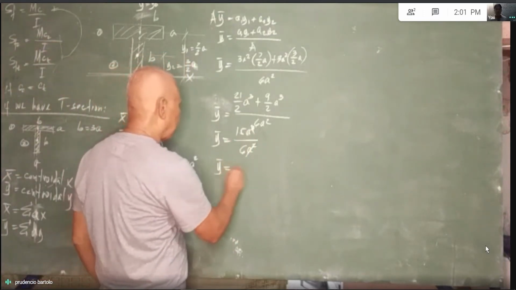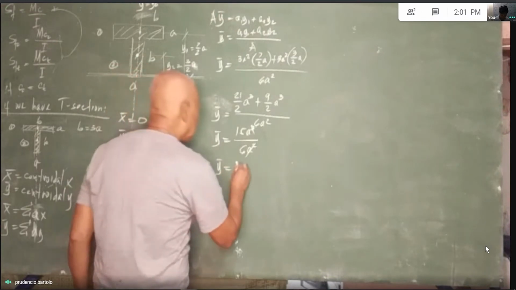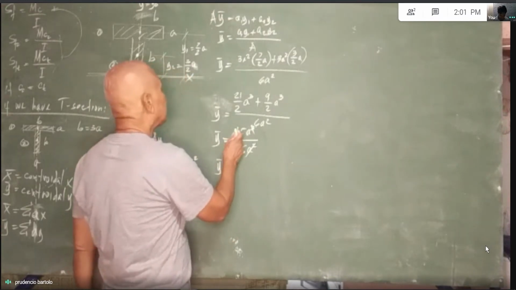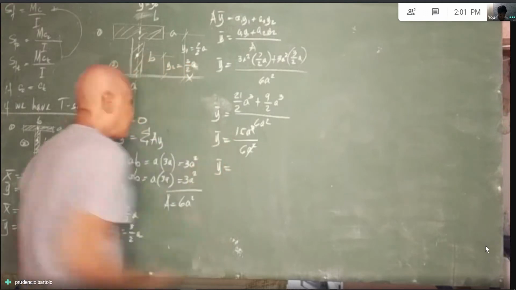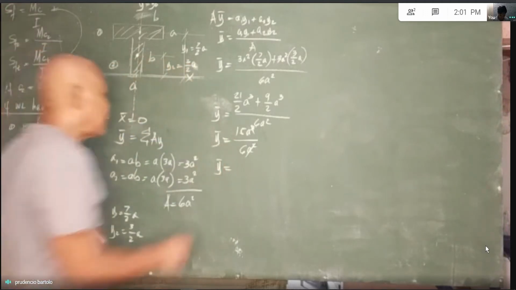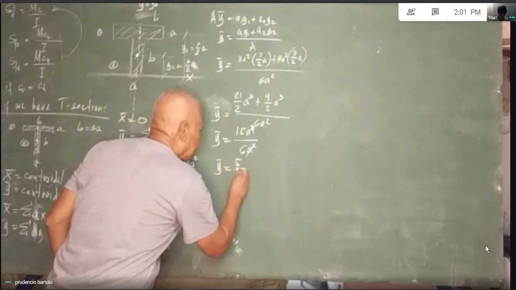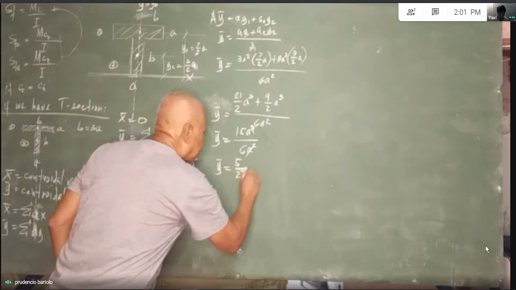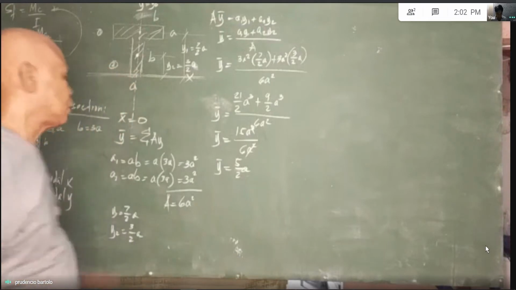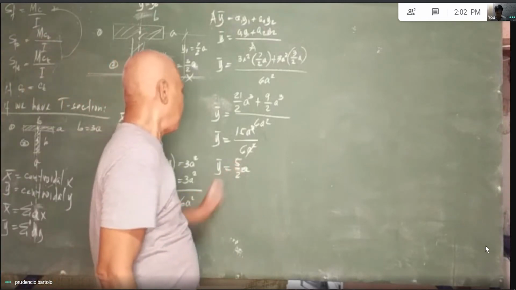Y bar now will be equal to, dividing by 3, 5 over 2 of a. So that is our Y bar.